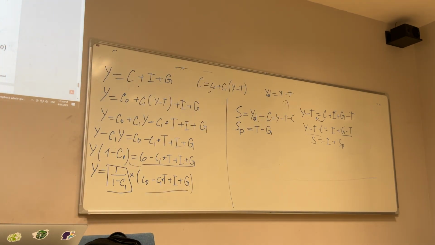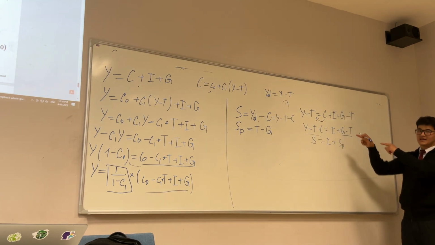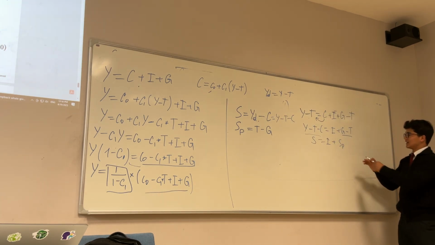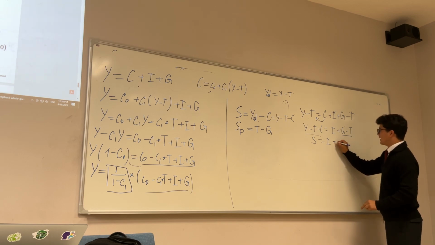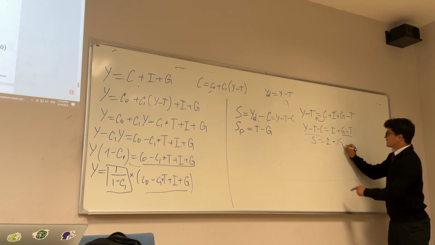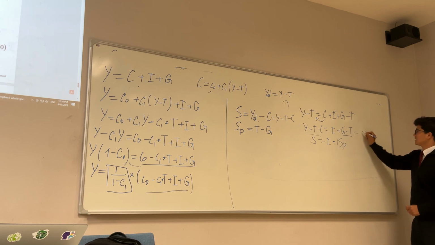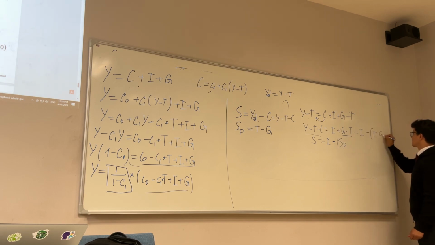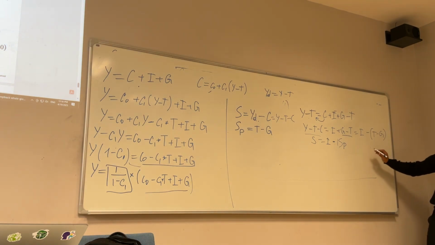Sorry, it was vice versa, right? Taxes minus government spending is public saving. So if I do it like this, I can write S public as T minus G. That's our public saving.